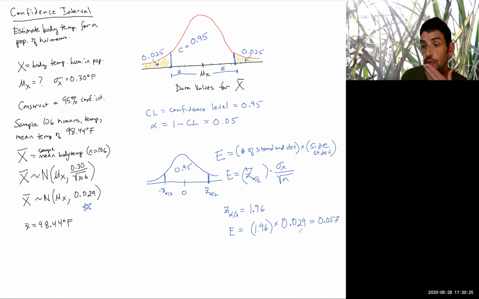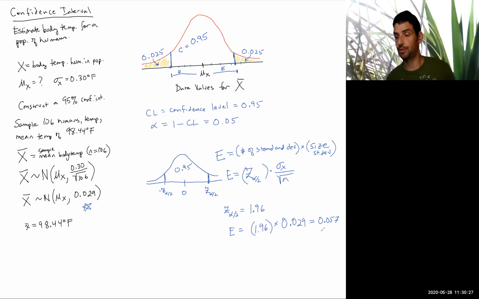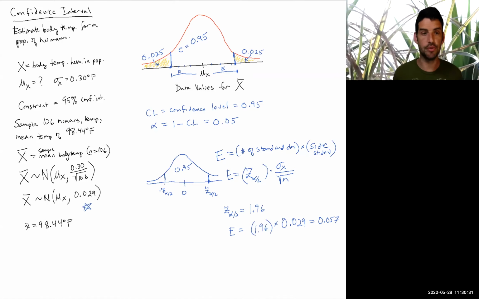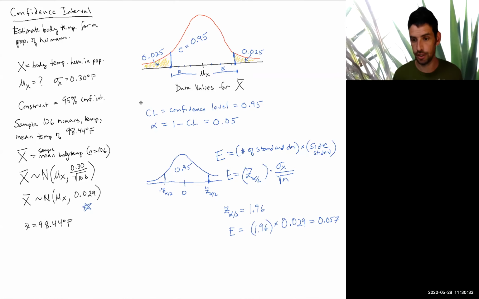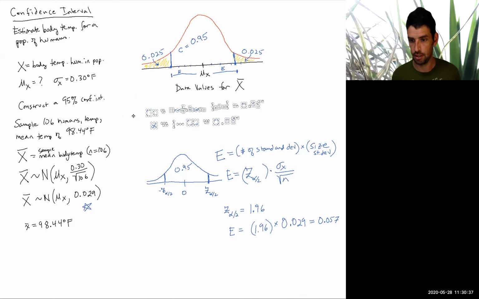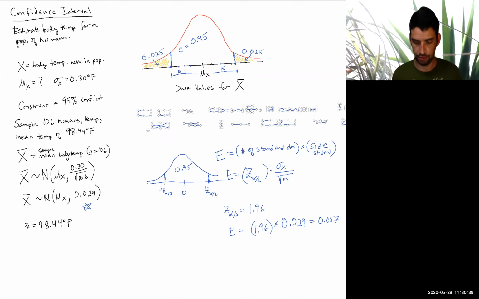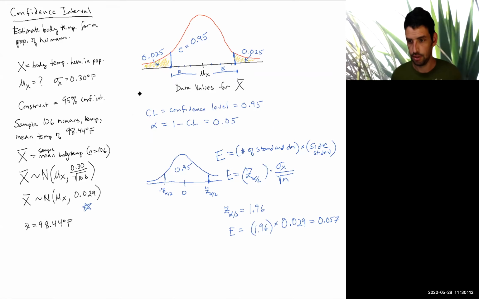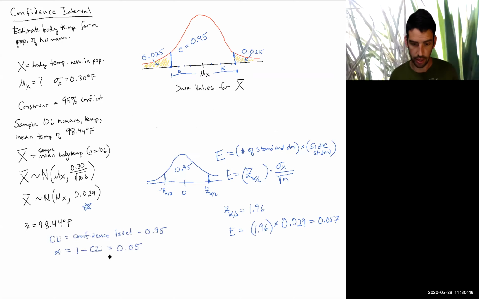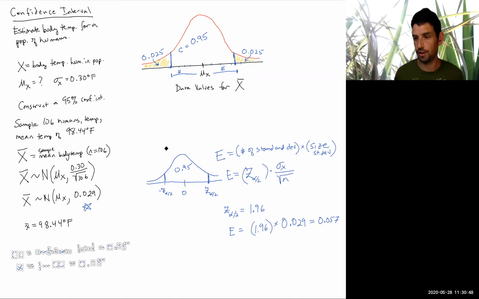Okay, so let me try to explain again what this number is telling me. So let me move a couple of things around really quick. Oops. Whoops. All right, so I'm going to put these down here.